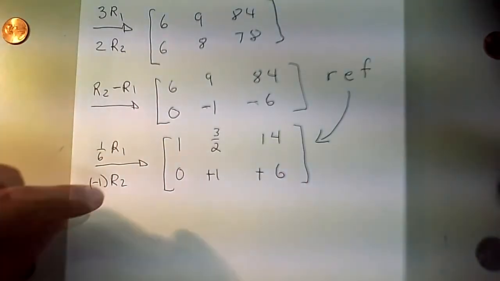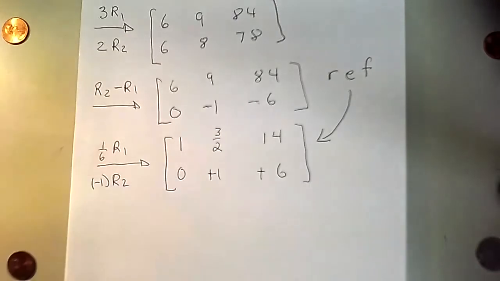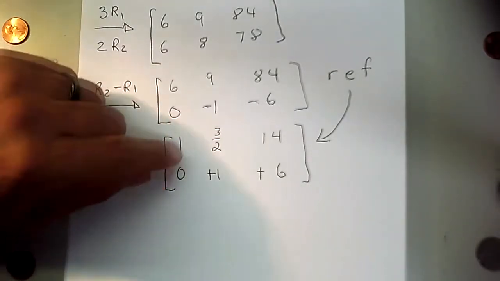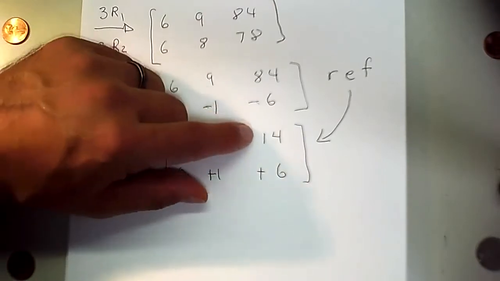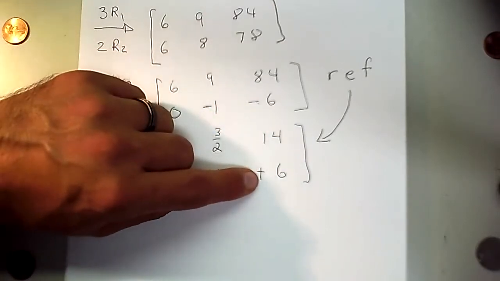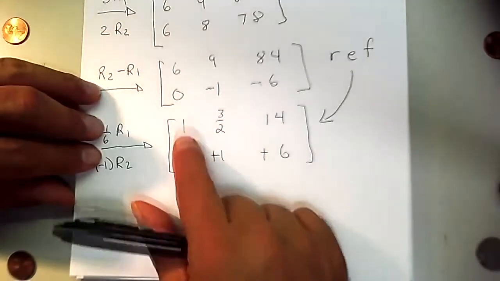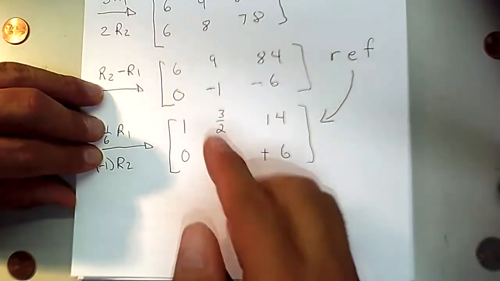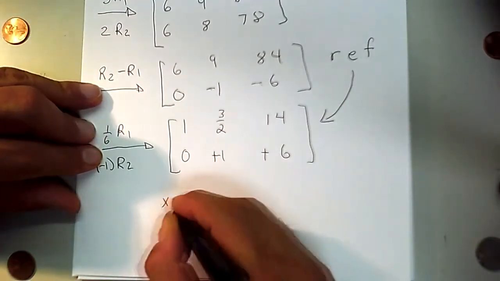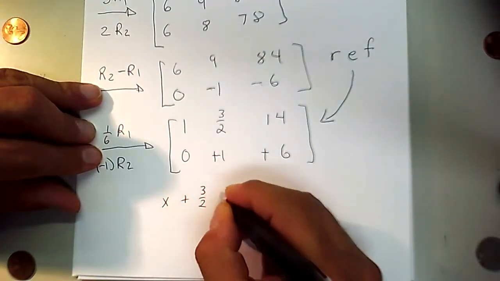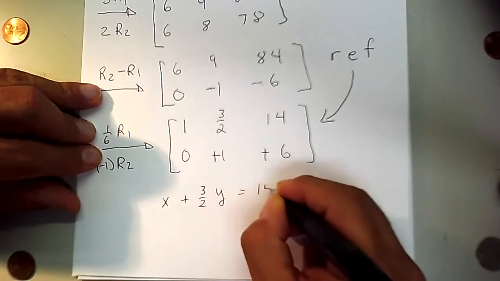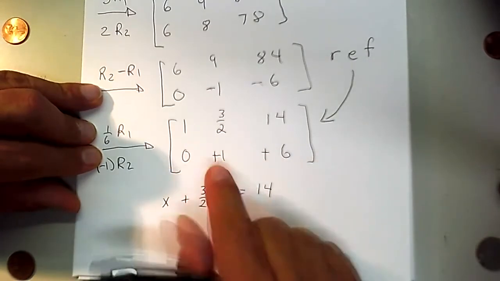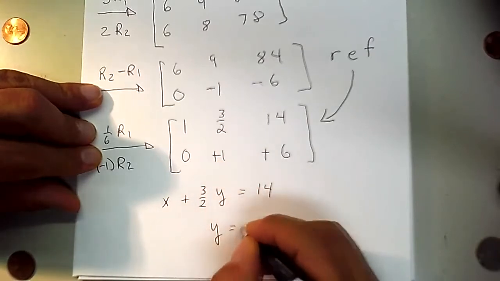Now, let's translate this back into an equation. Remember, this is the column of the x's, this is the column of the y's, and this is the column of the constants. So what this translates into is that x plus 3/2 y equals 14, and y, 1y, no x, 1y is equal to 6.